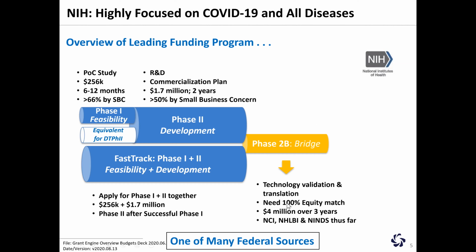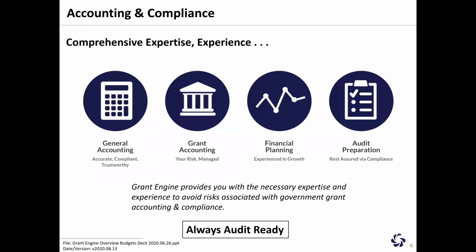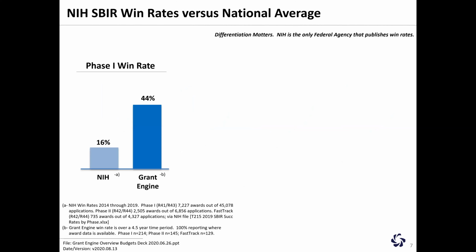Most of the institutes require a match, not all of them. So you need to go raise that additional equity or strategic partnership. So there's more than just $2 million here per grant. There's much more in the future. We'll go through a lot of these particulars as we go. We also have an accounting and compliance division that helps keep everybody out of hot water.